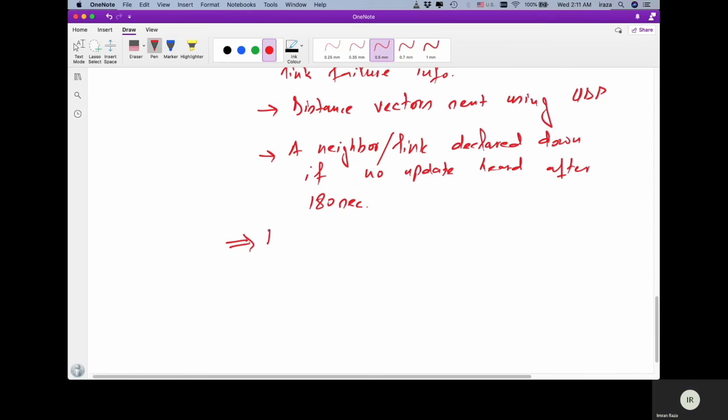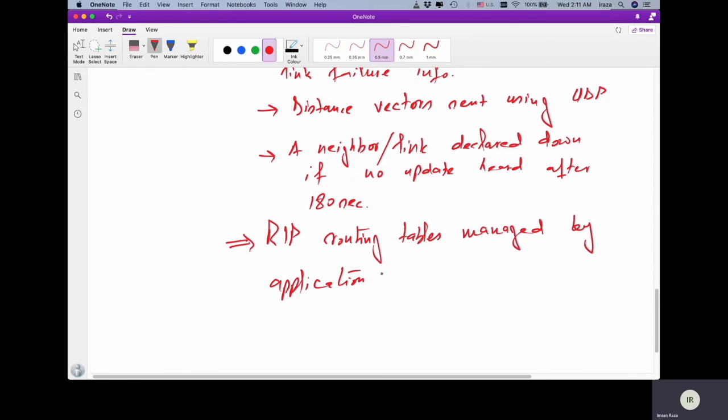So RIP routing tables are managed by an application level process called route daemon, routed or route daemon.